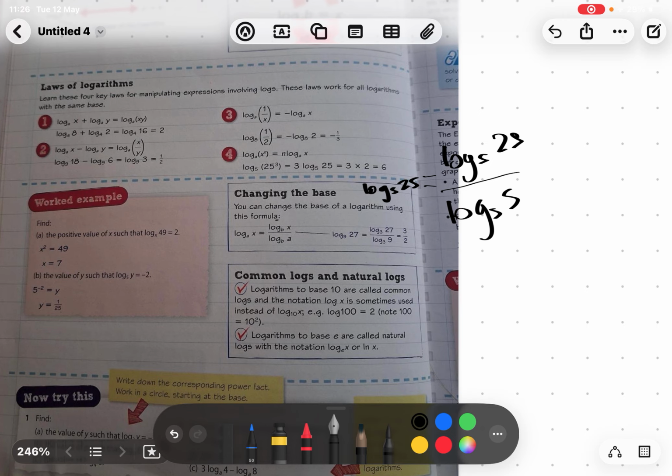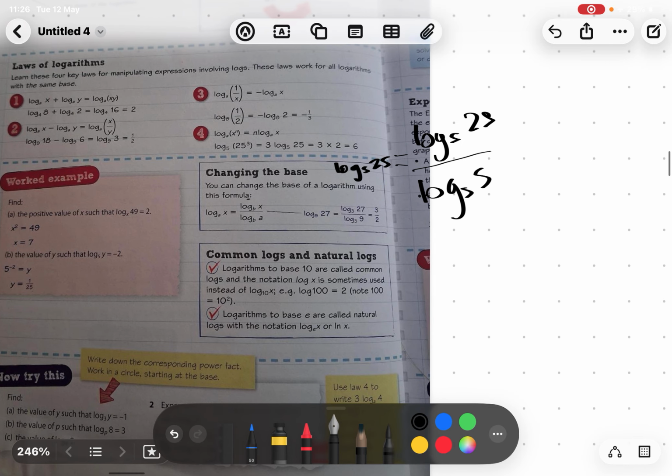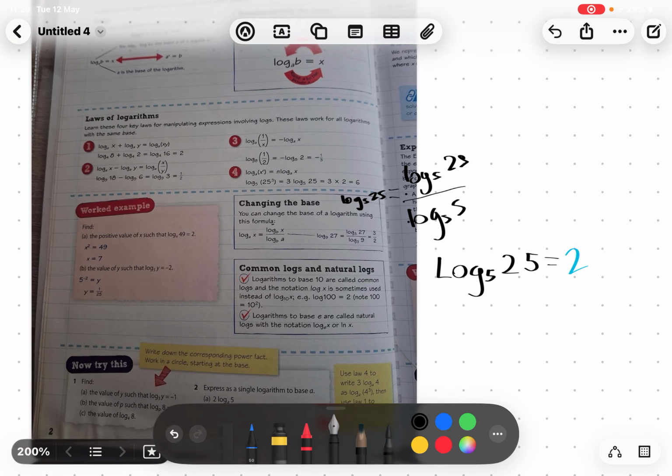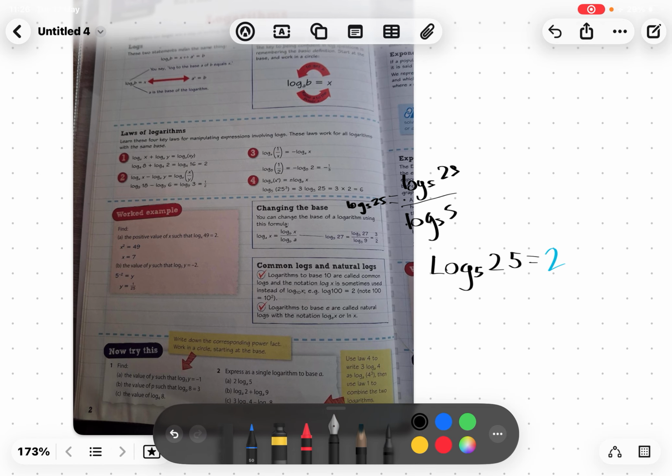No, wait, I can check it over here. So log base 5 of 25 equals 2. What if log 25 divided by log 5.